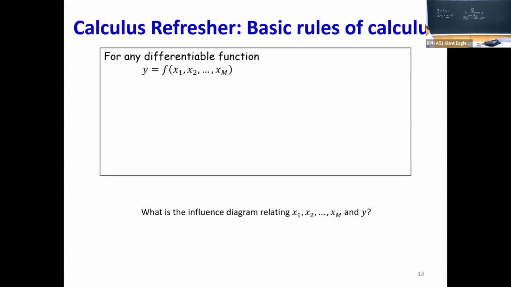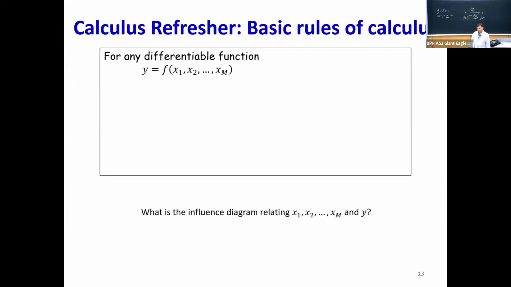Now suppose I have a variable y, which is a function of many variables, x1 through xm. Using the same picture, what would the influence diagram look like in this case? Anybody? You have a vector x.